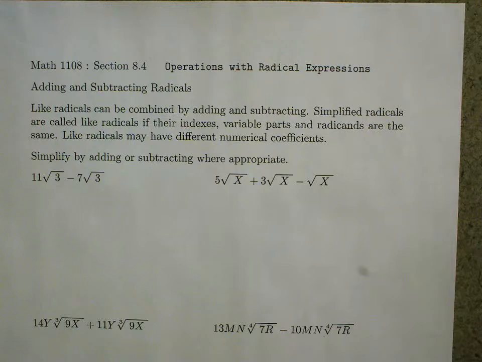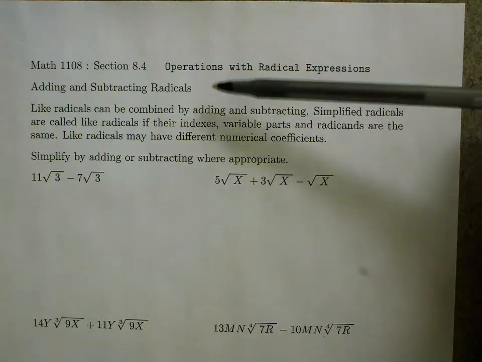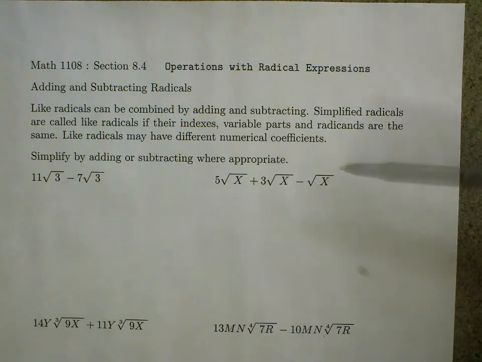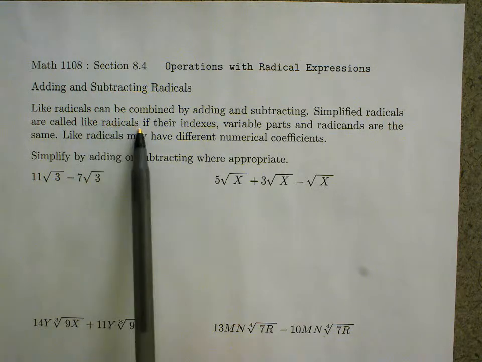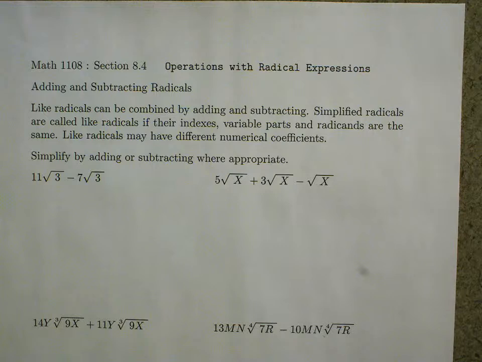First, we'll add and subtract radicals. Like radicals can be combined by adding and subtracting. Simplified radicals are called like radicals if their indexes, variable parts, and radicands are the same.